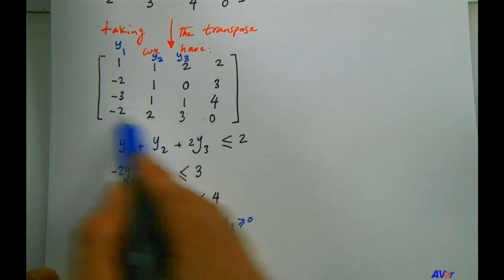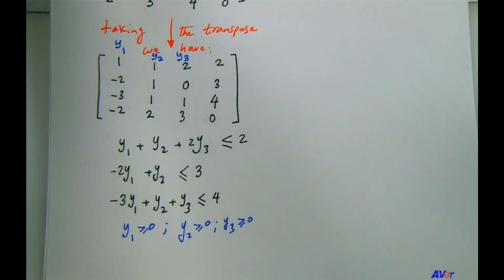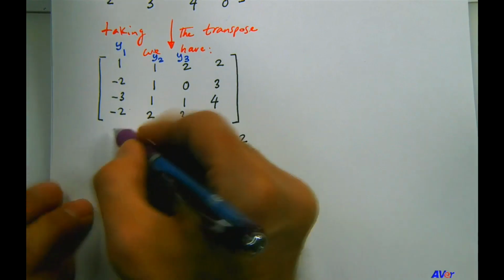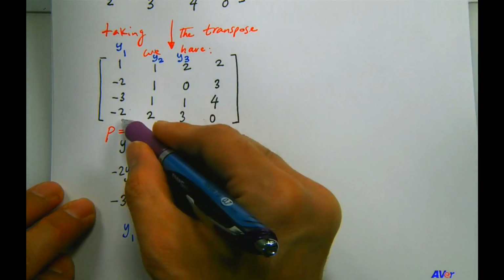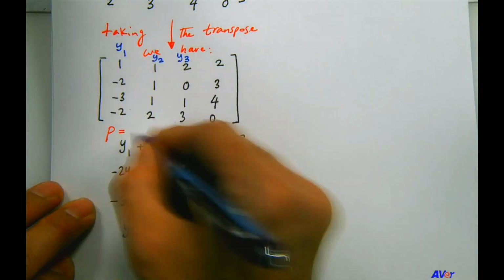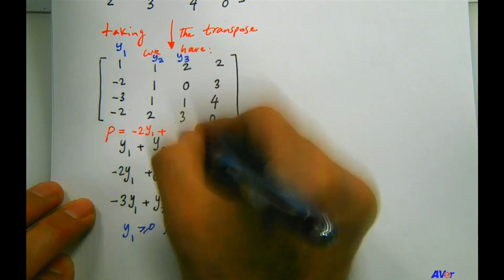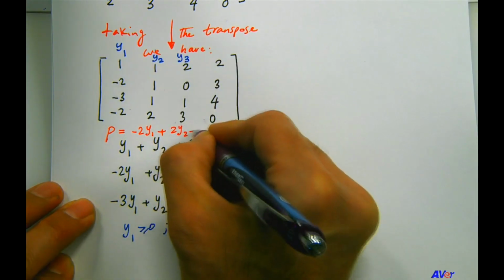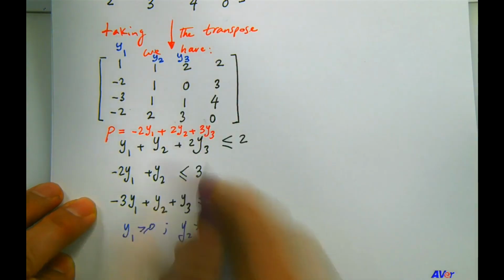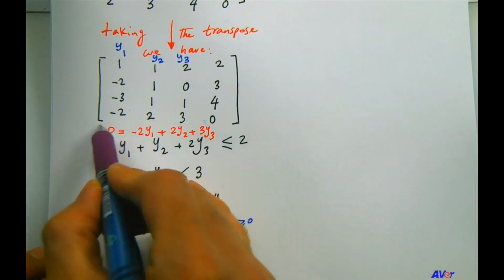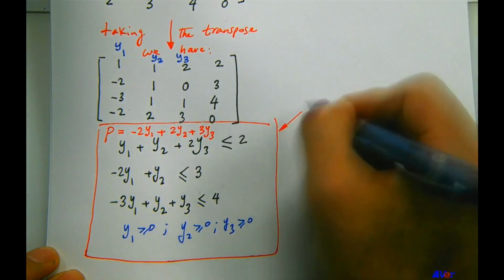And the coefficients come from this last bottom row in the transpose matrix. So I'm going to write it in red. So we have P, right, for the maximum problem. Then we have minus 2y1 plus 2y2 plus 3y3, right? So this whole thing is the dual problem.